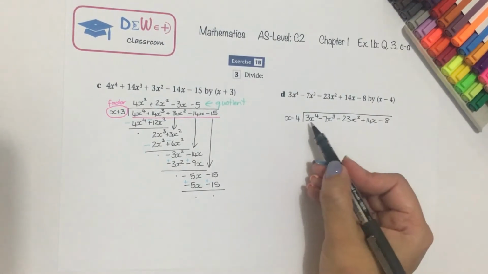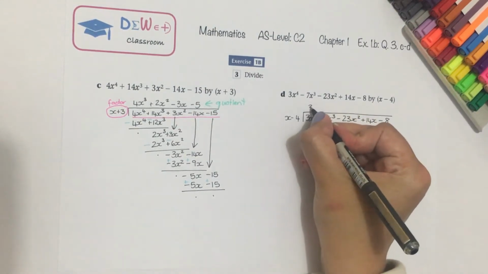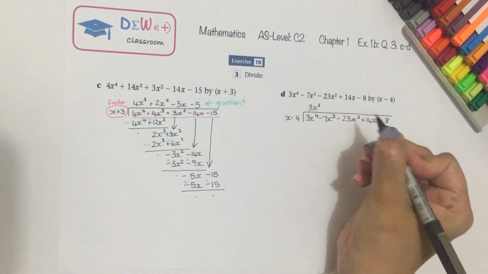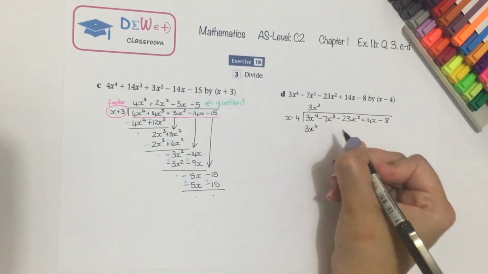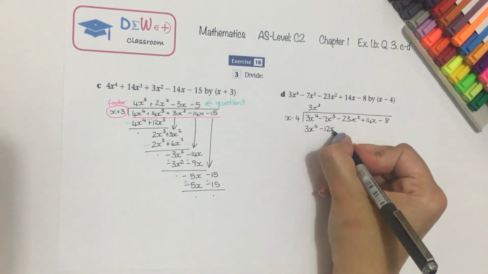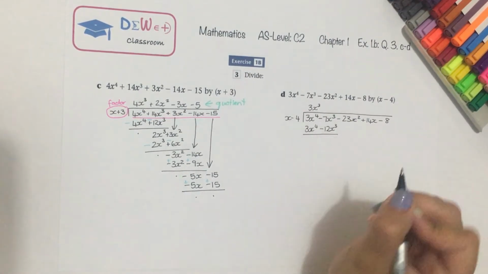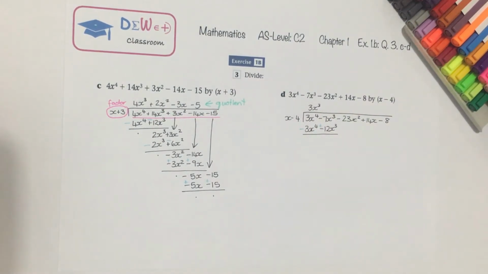Okay, we start with our first term. 3x to the power of 4 divided by x is 3x to the power of 3. 3x cubed times x is 3x to the power of 4. 3x cubed times 4 is negative 12x to the power of 3. We are going to subtract them from one another, but first of all we need to change the signs.